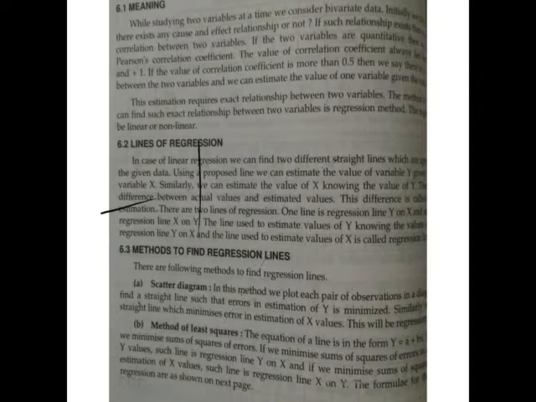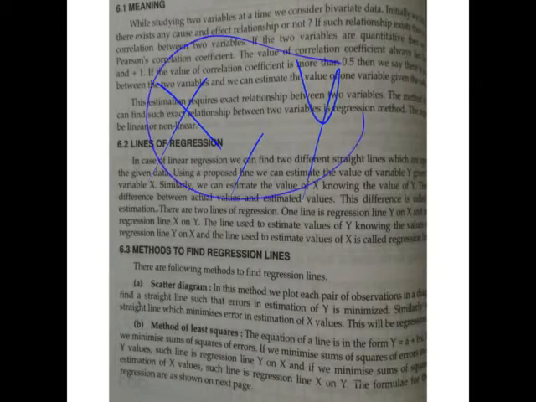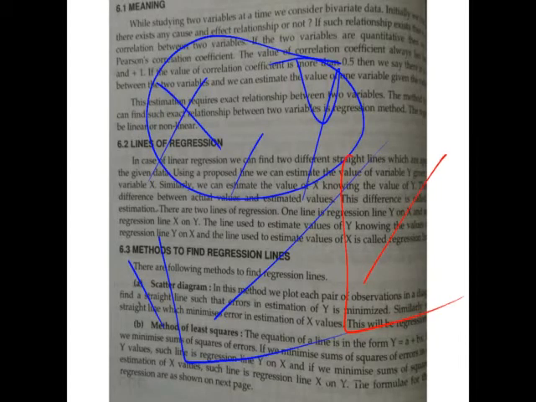Now what it means: suppose two variables are there, x and y. If we have to find out the relation between these two variables, whether they exist or not, we have to go for the regression method. The regression method will be linear or non-linear. In case of linear regression, we can get two straight lines. If a straight line is present, it is linear regression.